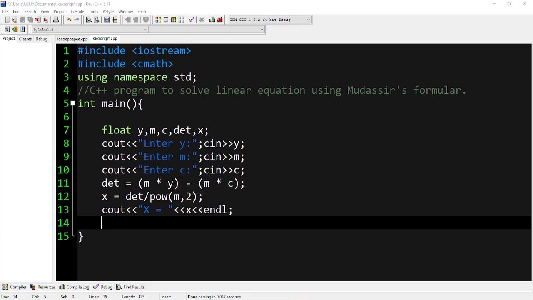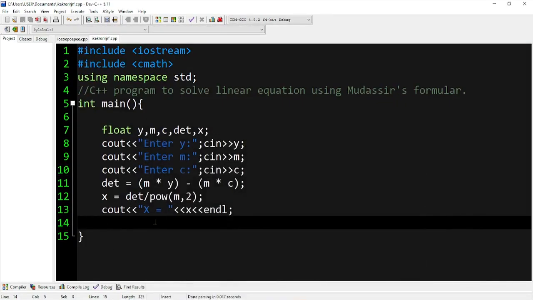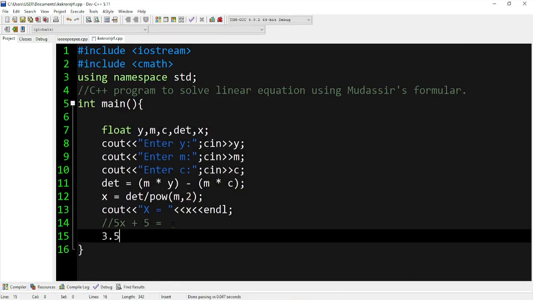So let's try to run this program again. Create another equation. Let's say we have 5x plus 5 equal to, let's say I want my x to be 3.5 here.